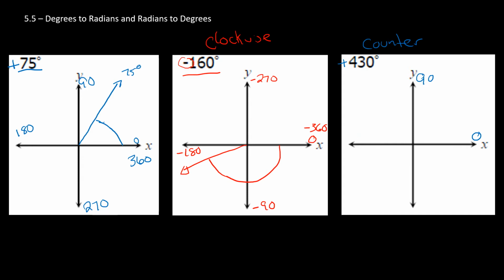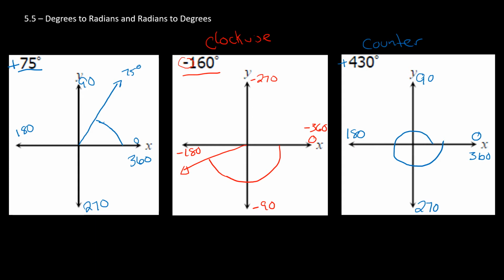This is going to be at 180, 270, and 360. So what's going to happen here is I'm going to come around. I know I'm bigger than 90. I'm bigger than 180. I'm bigger than 270. Oh, look at that. I'm also bigger than 360. So because I'm bigger than 360, I need to start a whole other revolution around. So I need to go to 430.